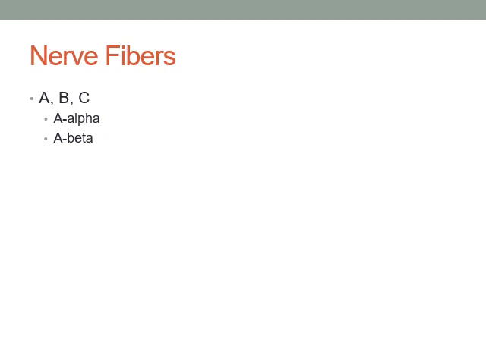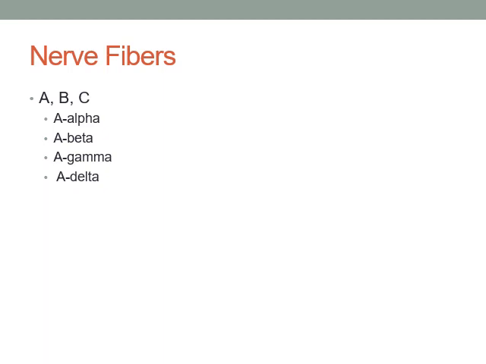A beta are strictly sensory. They respond to touch, pressure, and vibration. They're present in the muscle spindles, touch receptors, pressure receptors. A gamma are another motor nerve, so they strictly have motor ability. And then A delta is actually our pain fiber.